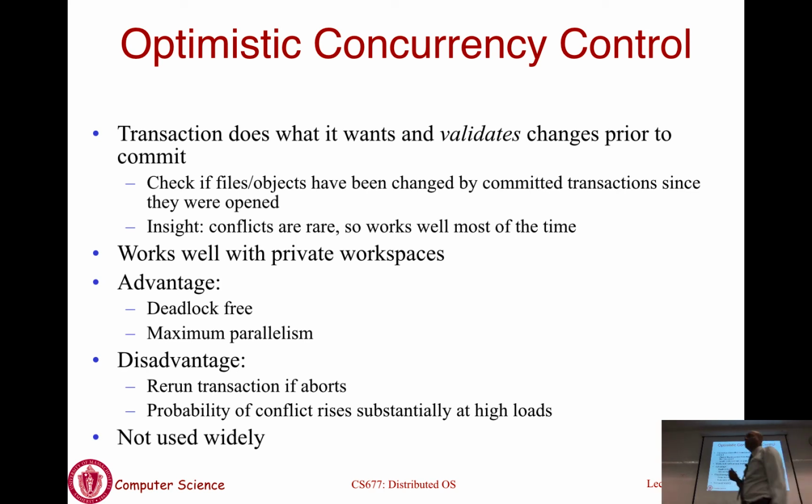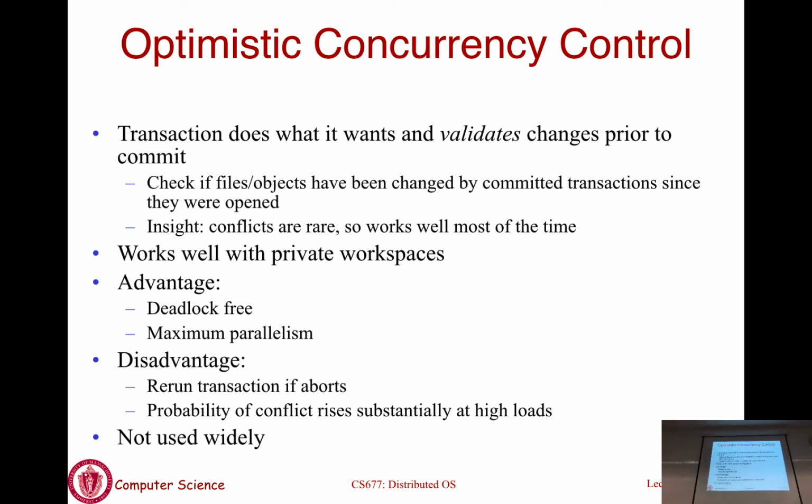So the first approach is optimistic concurrency control. Here we are going to be optimistic and say let's not use any locks at all. We are going to let the database run without any locks. We will assume that most transactions touch mutually exclusive parts of the database.